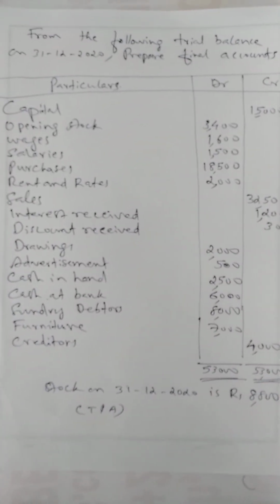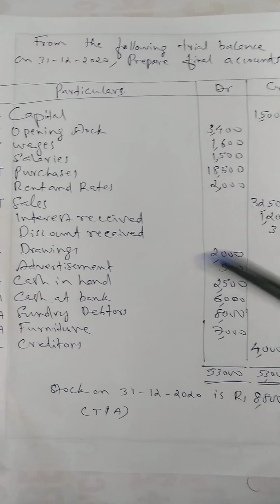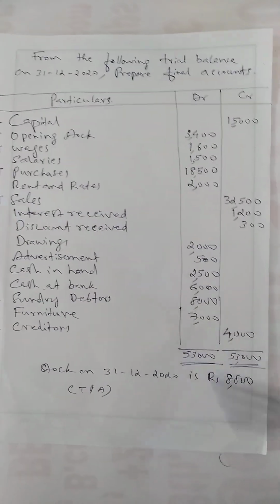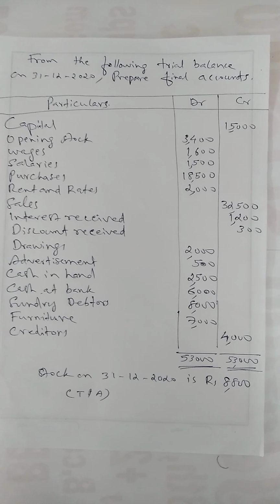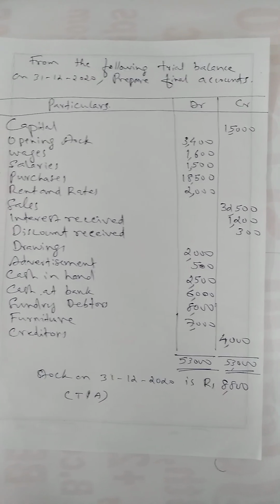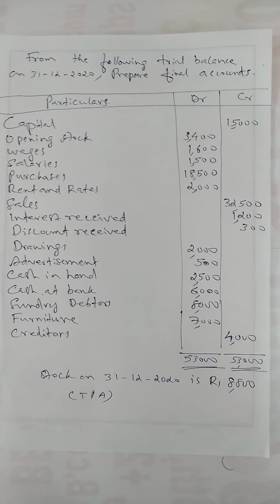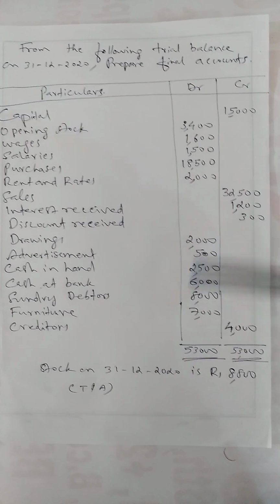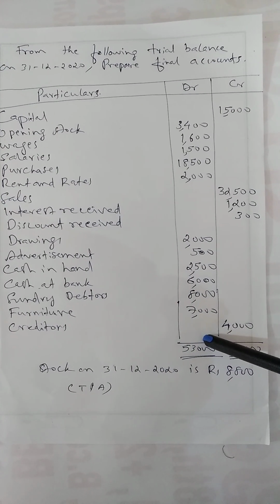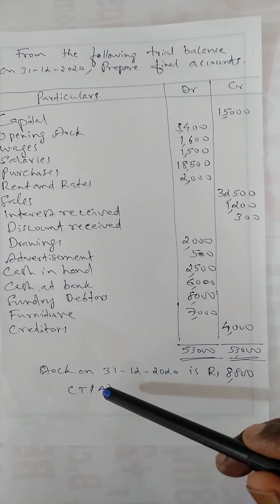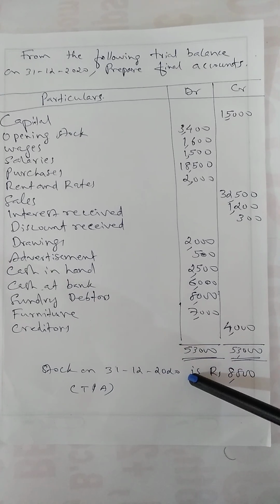In this way, the trial balance is prepared on the principle that assets and expenses have a debit balance and liabilities and incomes have a credit balance. After totaling this trial balance, a separate item is given as a part of the question.